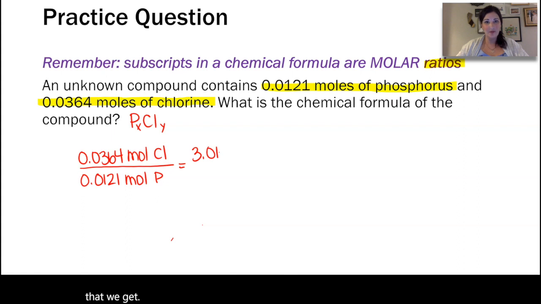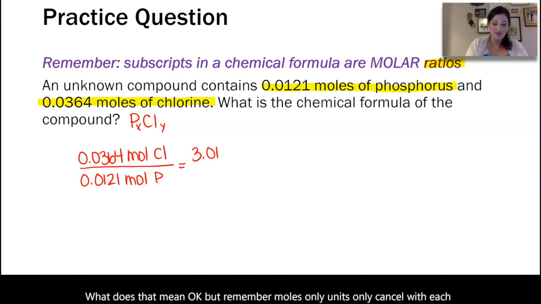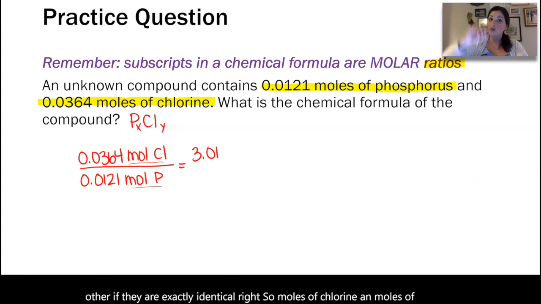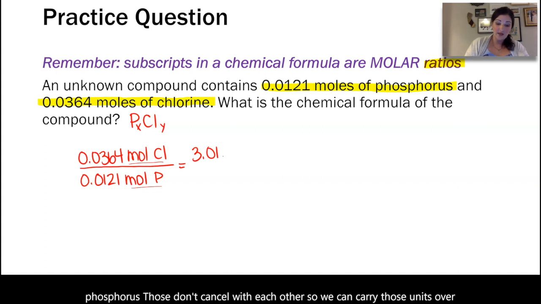What does that mean? Okay, but remember, units only cancel with each other if they're exactly identical, right? So moles of chlorine and moles of phosphorus, those don't cancel with each other. So we can carry those units over to the other side. So this means that there is 3.01 moles of chlorine.